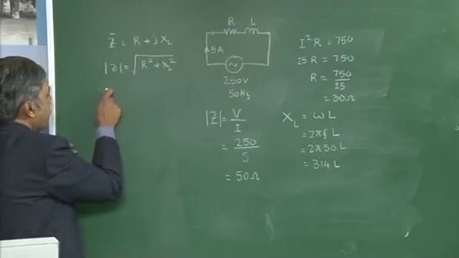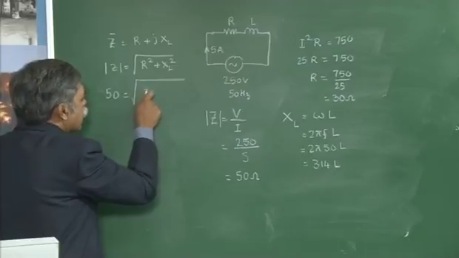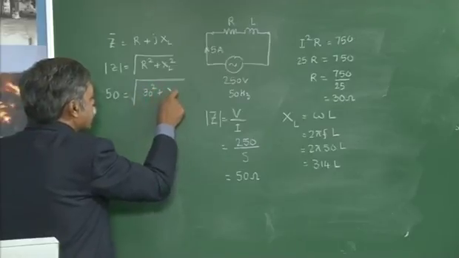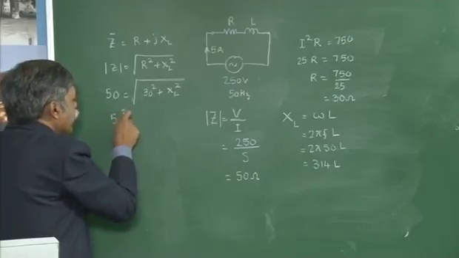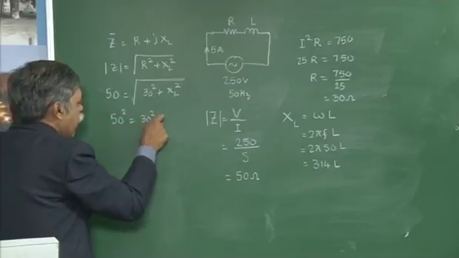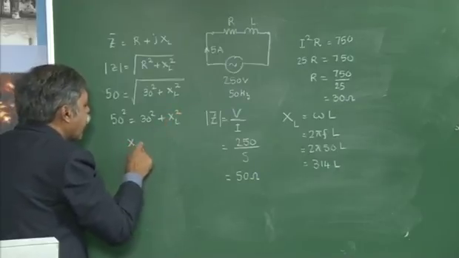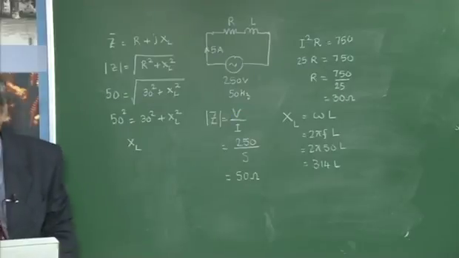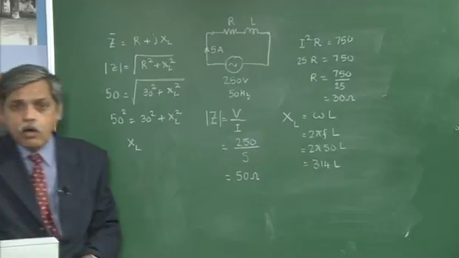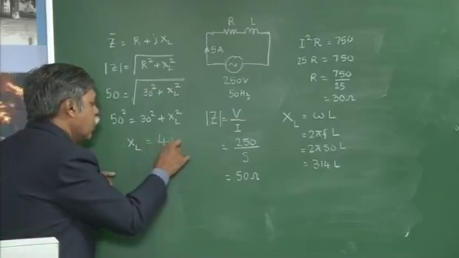I have here 50, which is the square root of 30 square plus XL square. So I can have 50 square is equal to 30 square plus XL square. If I solve this, your XL value comes to be 40 ohms.